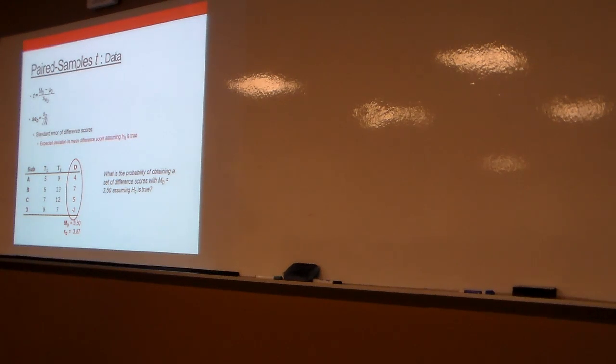That's all that is. We're just using the mean of the difference scores and the standard deviation of the difference scores as the inputs for that, right? And so this ends up being a powerful test, again, because what we're doing is we're getting rid of all that individual difference stuff and just looking at variability in the difference scores here.